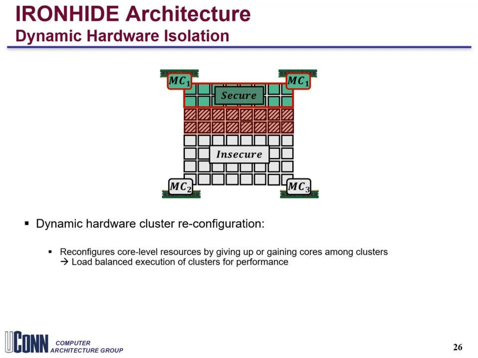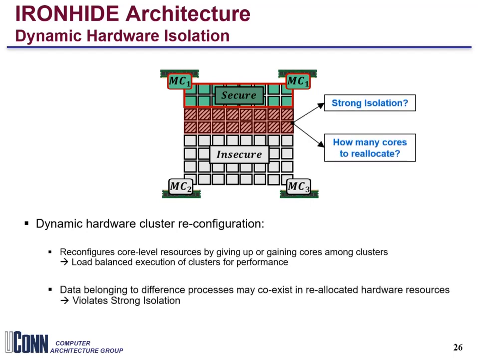For instance, in this figure, the secure cluster gives up 16 cores to the insecure cluster for better overall performance and throughput. However, whenever cores are given away from one cluster to the other, the data for both processes now coexist in these resources, which is dangerous as an adversary can now conduct attacks.